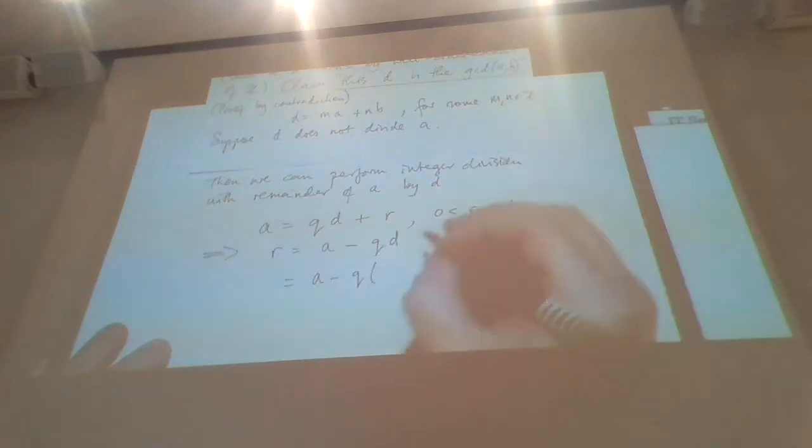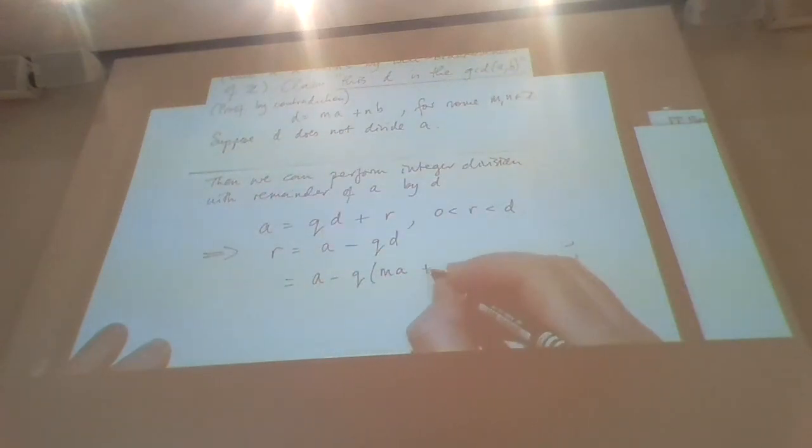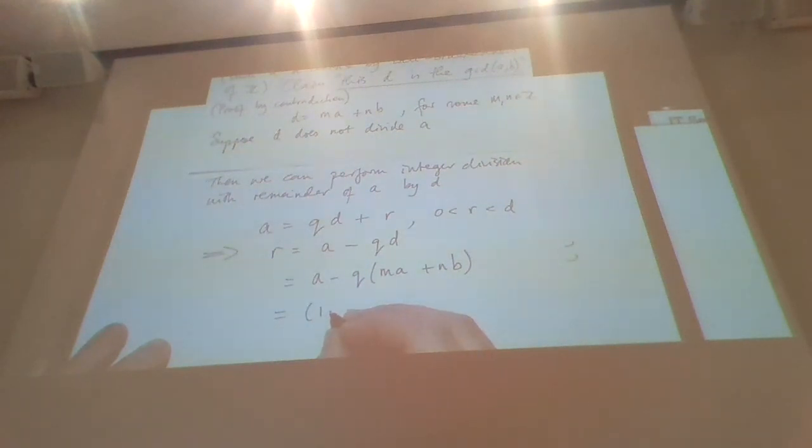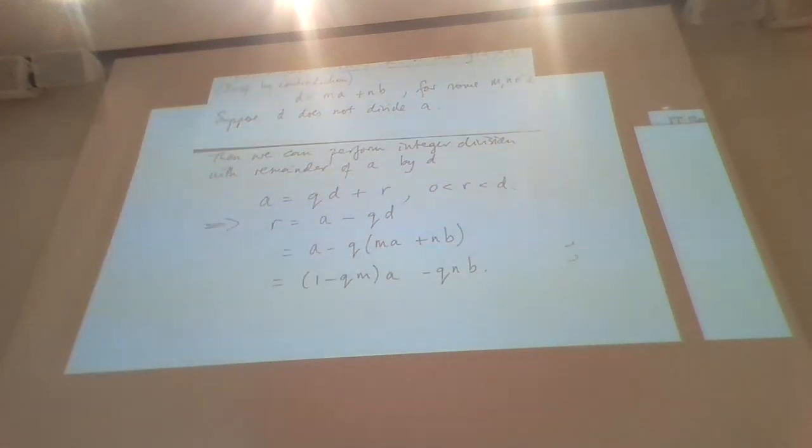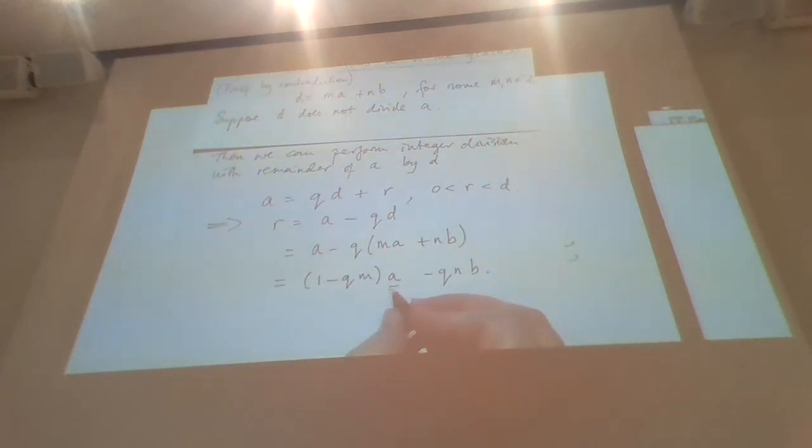But D is already a linear combination of A and B. So by reorganizing that equation, we see again that R itself is a linear combination of A and B.